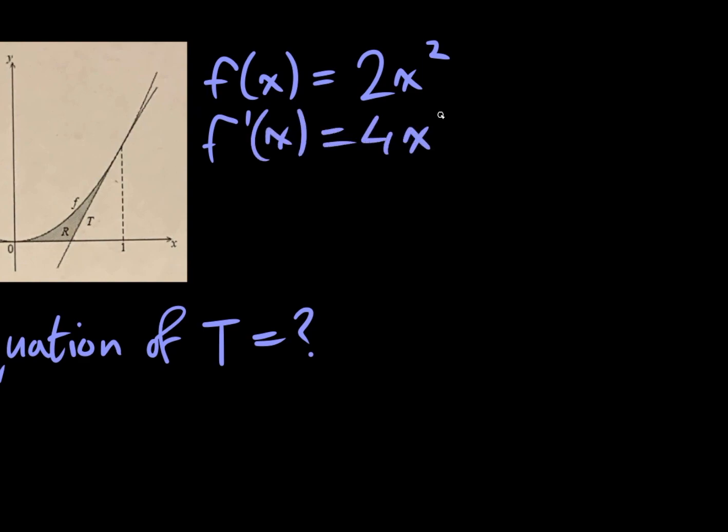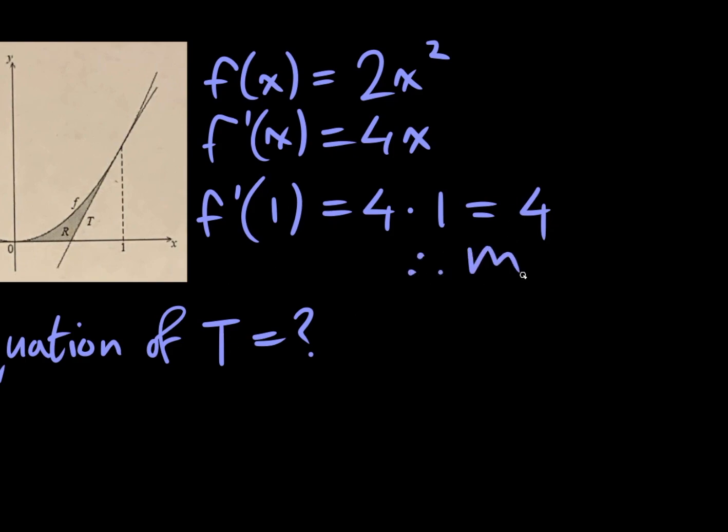Plugging in the point at 1, we'll get that the slope should be equal to 4 times 1, which is going to be 4. So we know that the slope, or m, of t, since it's a linear line, which means the power of x is 1, must be 4.